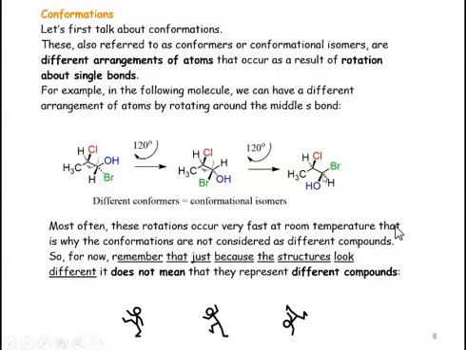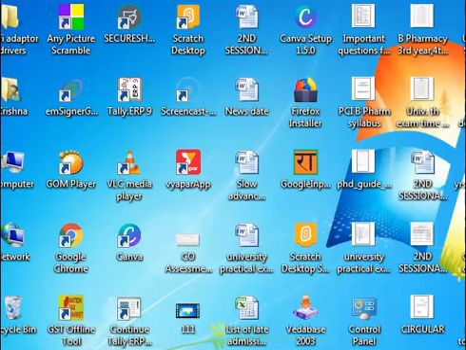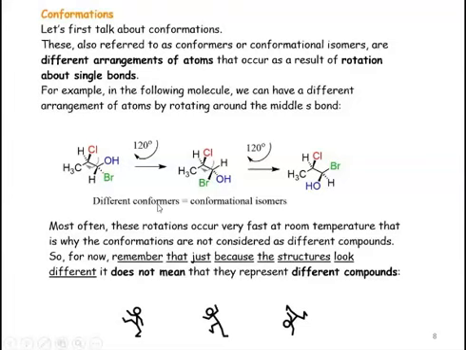Even though they differ in orientation, they represent different conformations. However, they represent the same compound. Clear? They represent the same molecule in different conformations, or we can call them different conformers, or conformational isomers.